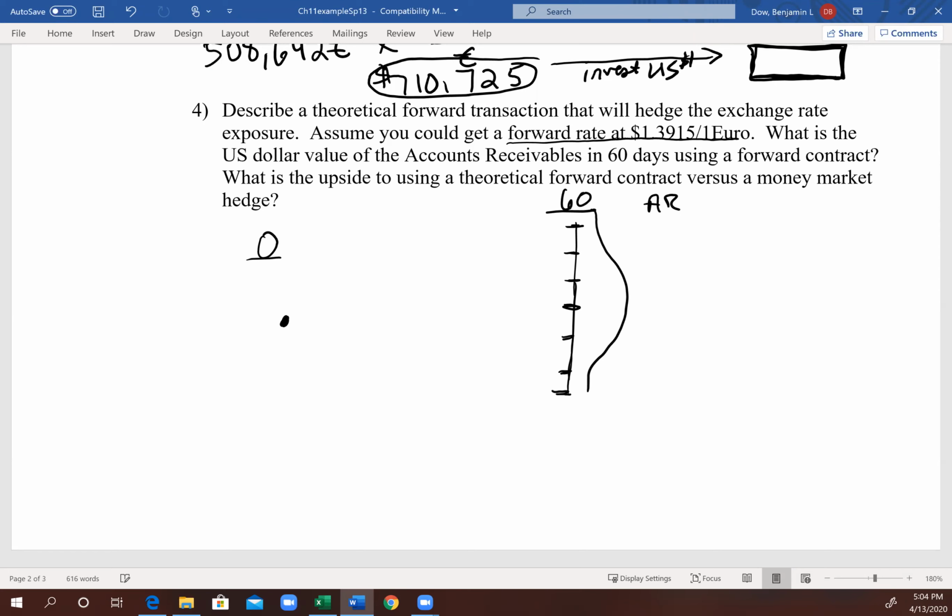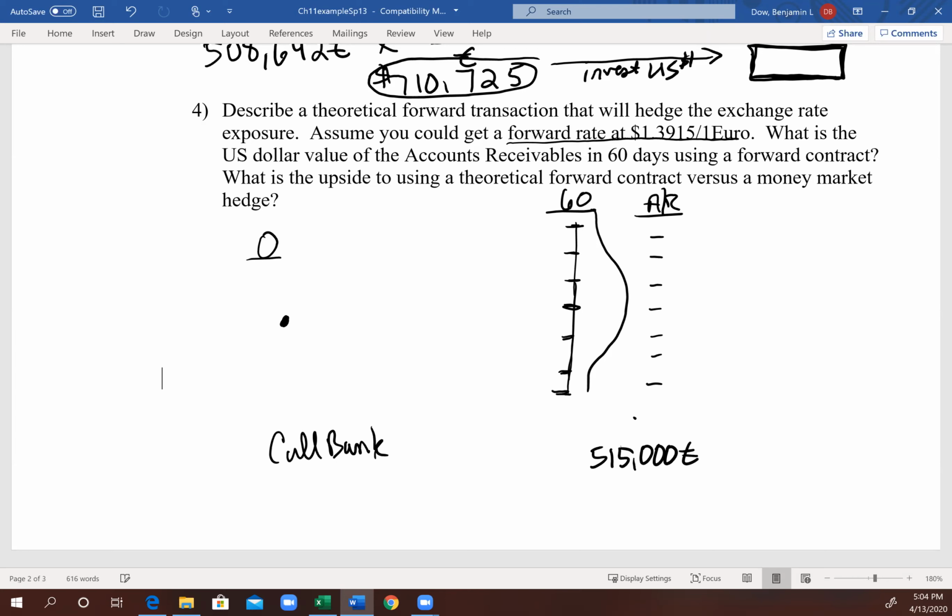Here's what our accounts receivable is worth at each of these values. But if we locked in a forward rate, then we would call the bank and say, hey, I want to buy 515,000 euros forward.